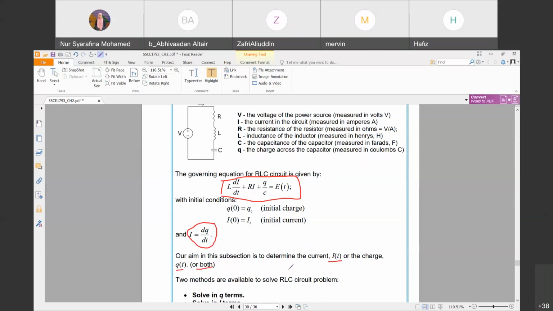There are two methods to solve the RLC circuit problem.